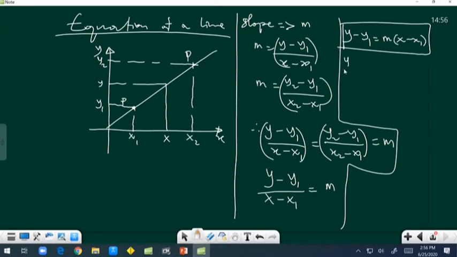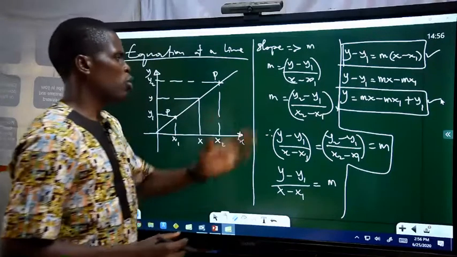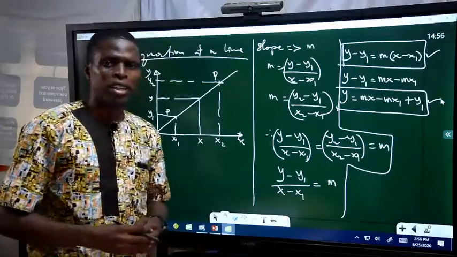You can open the brackets: y minus y1 equal to mx minus mx1, so y is equal to mx minus mx1 plus y1. So we have this as the generalized form, but we can leave it in this form, if this is preferable. So we have these two forms of equation of a line.